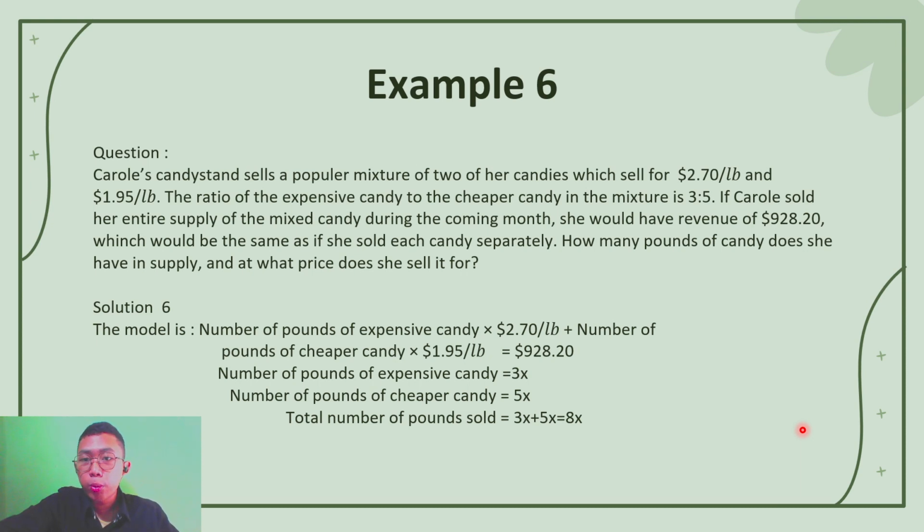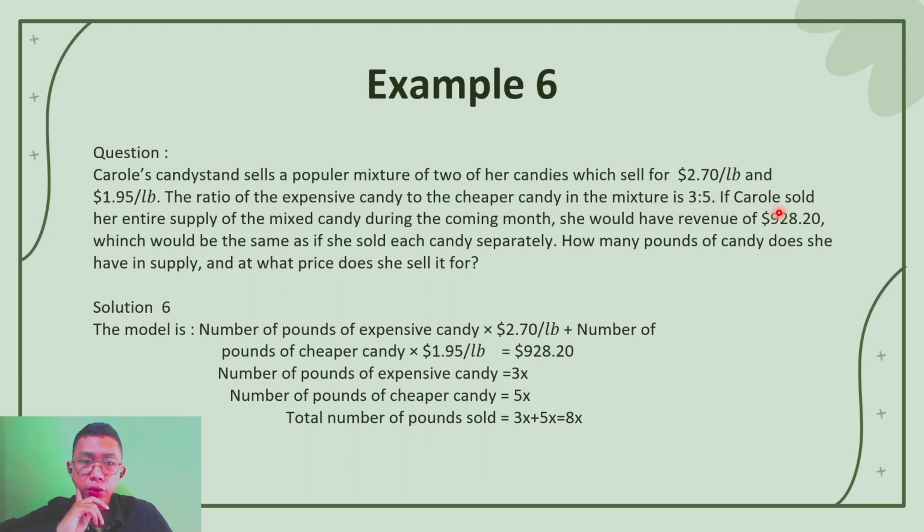So example 6: Carter's candy stand sells a mixture of two of her candies, which sell for $2.70 per pound and $1.95 per pound. The ratio of the expensive candy to the cheaper candy in the mixture is 3 to 5.